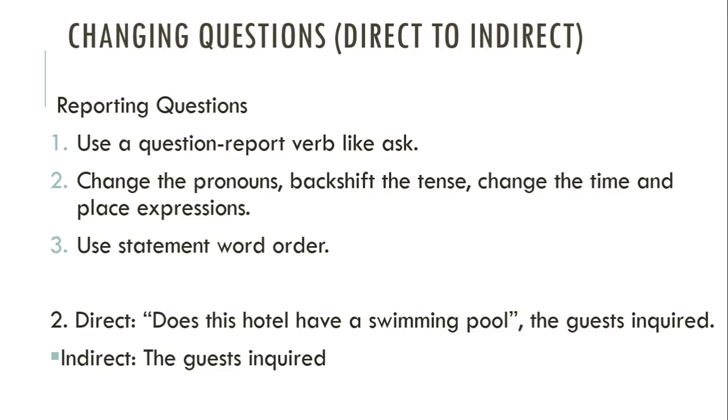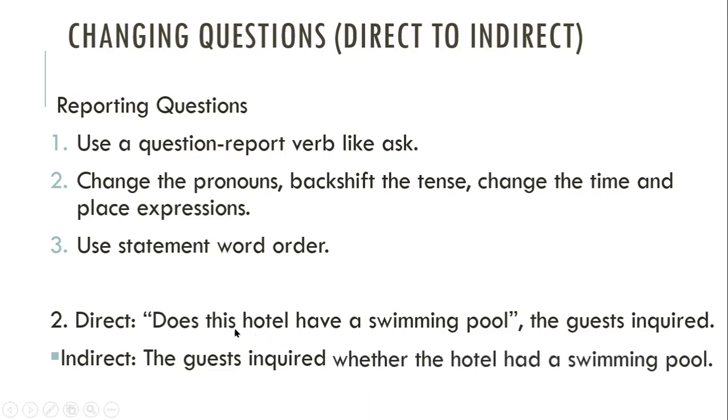We can answer this question with yes or no. That's why we can write down if or whether here. And here you see, this hotel have a swimming pool. So we will say the guest inquired whether the hotel had a swimming pool. Okay, we are changing the sentence in past form, right?